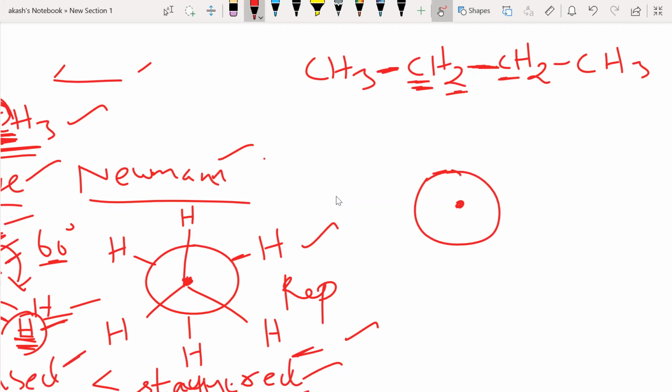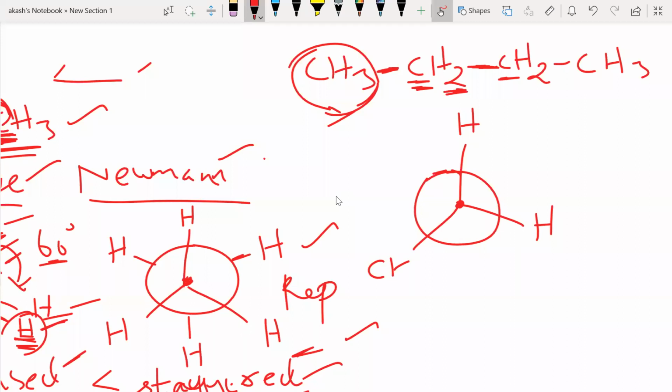There are two hydrogen atoms and a methyl group, and the same is there for the other carbon atom, H and CH3. Again, you start with eclipsed.